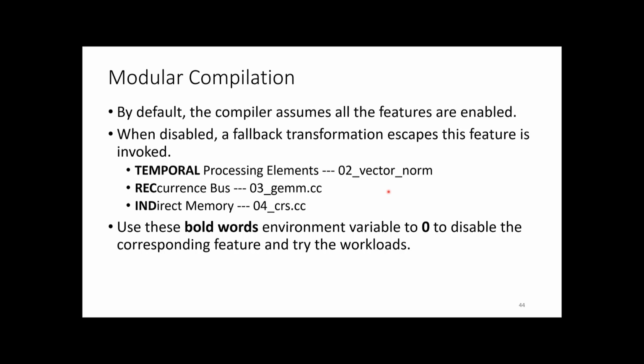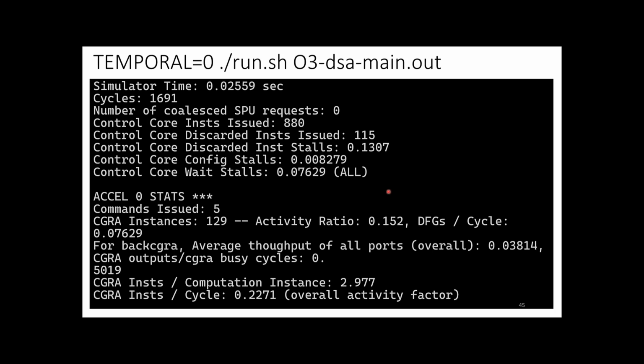For example, for the vector normalization, if you just use temporal equals 0 and run it, you may see the performance is 5 to 6 times worse than what we had in the previous slides. Previously it was 278, but it's nearly 1700.